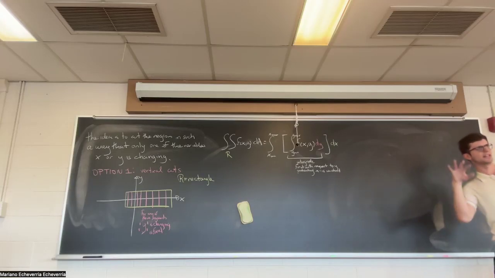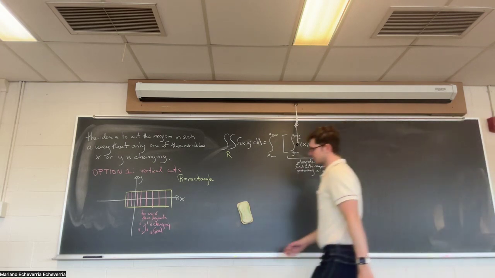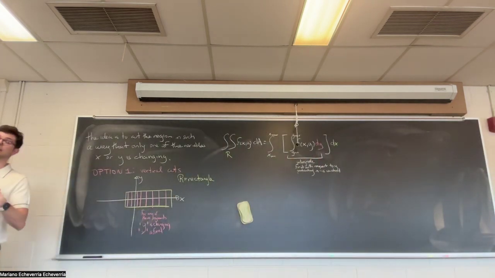But I think I'll do an example before showing you the other method. But the idea is that it will be really like an ordinary Calc 1 integral with the extra care that you have to pretend that one of the variables is constant.